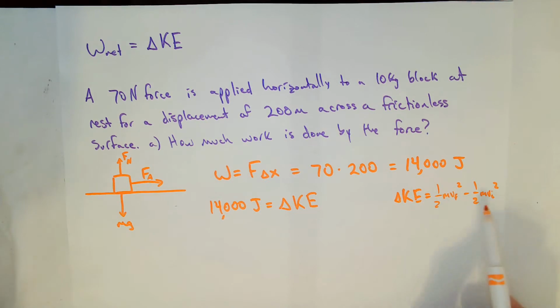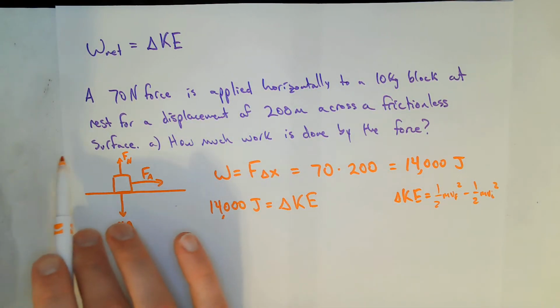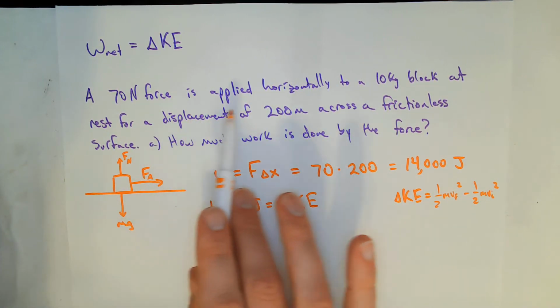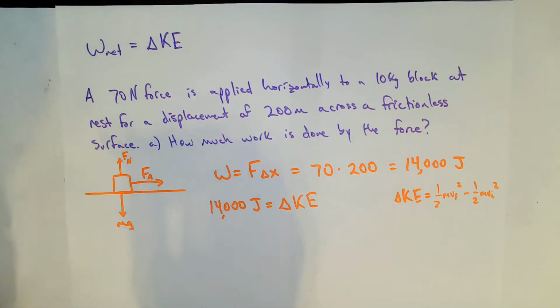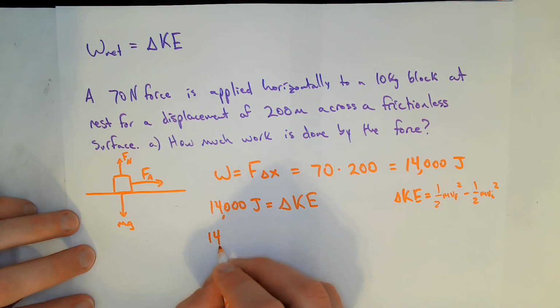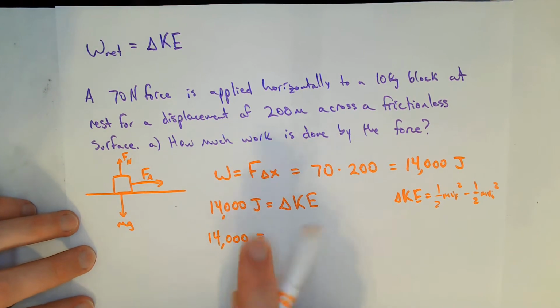Hopefully, usually one of these terms will go to 0 if we're lucky. Well, it depends on what the problem is asking, but let's see if one of them is 0. It says a block at rest. So initially the block is at rest, meaning that our initial velocity is 0. So over here, I can say 14,000, I'll drop the unit for now since I'm doing math.